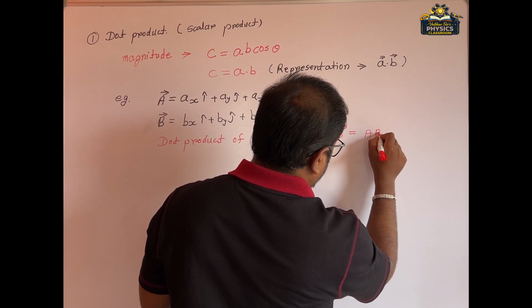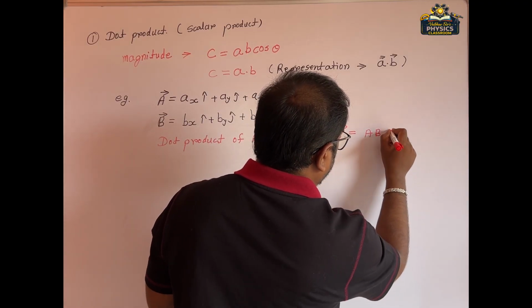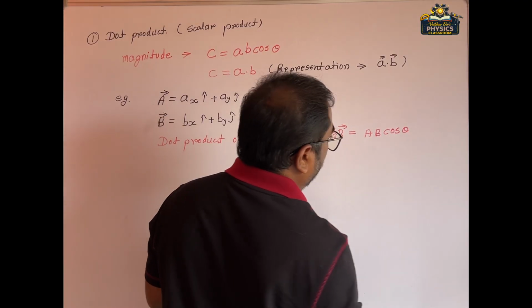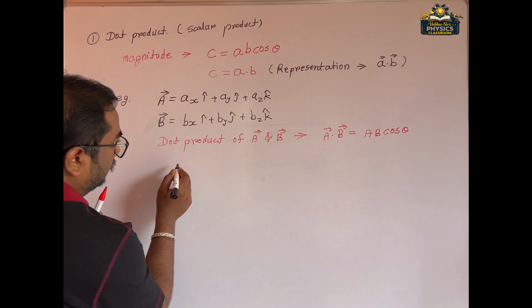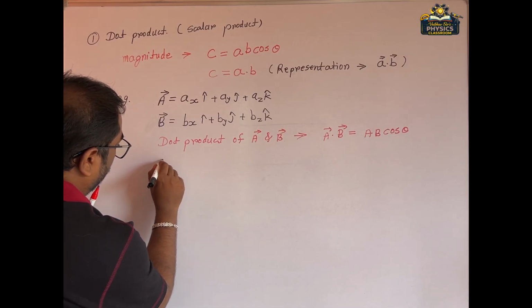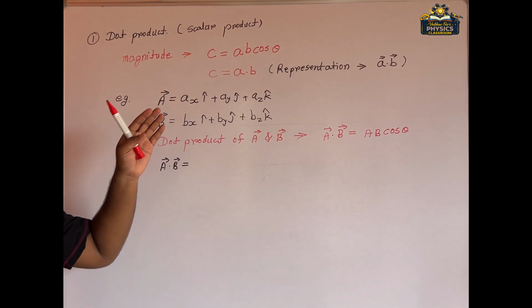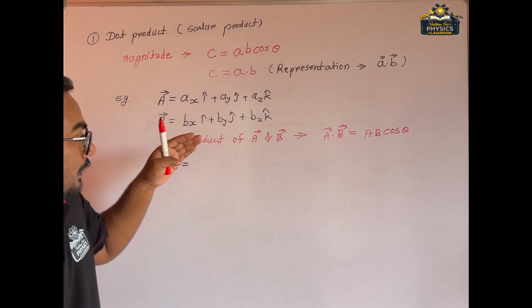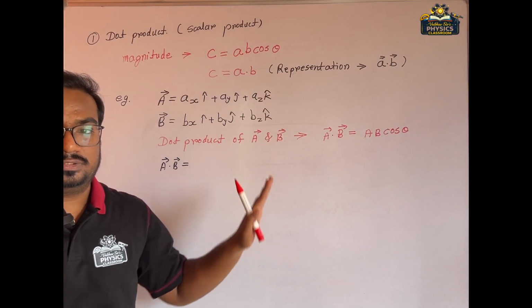will be a b cos theta also. And how can we write this a dot b? Here we have to multiply the magnitude in the Cartesian form in a particular axis.